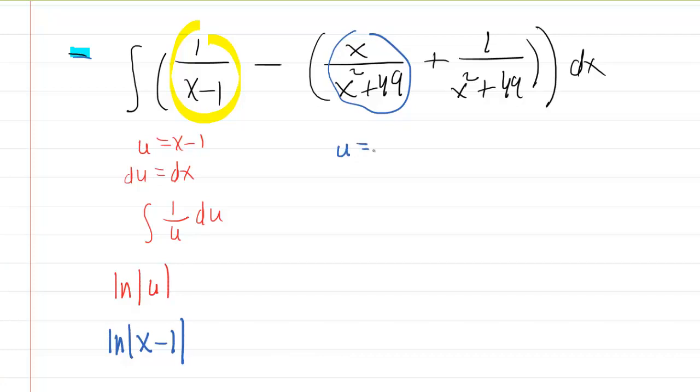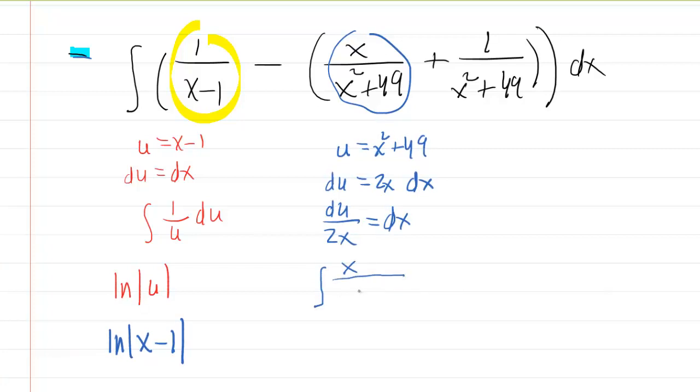This one can also be evaluated using a u substitution. Let's let u equal x squared plus 49. Differentiate both sides to get du is equal to 2x dx. Personally, I like to solve for the dx, so I would have du over 2x is equal to dx. Then I rewrite my integral. I would have the integral of x over my u, and then times my dx, which was du over 2x.